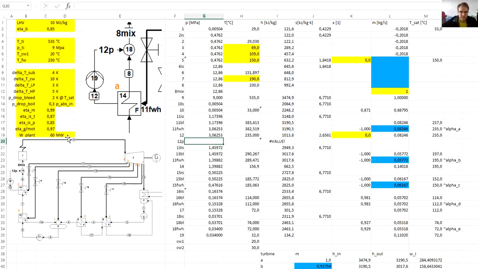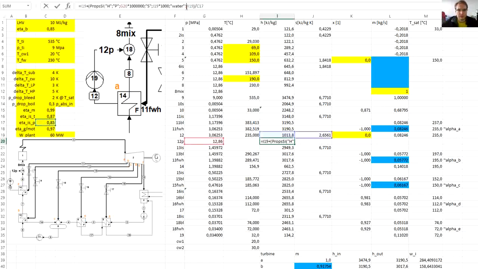Now I said we need to specify the pressure after the pump. We don't assume any pressure losses, so the pressure will be identical to 8 mix. And we still have some problem here, because of course pressure needs to be multiplied by 1 million and entropy by 1000 to get the basic units which CoolProp uses.